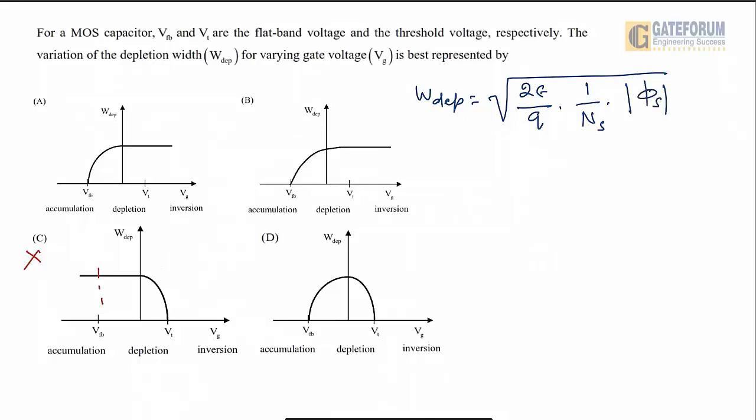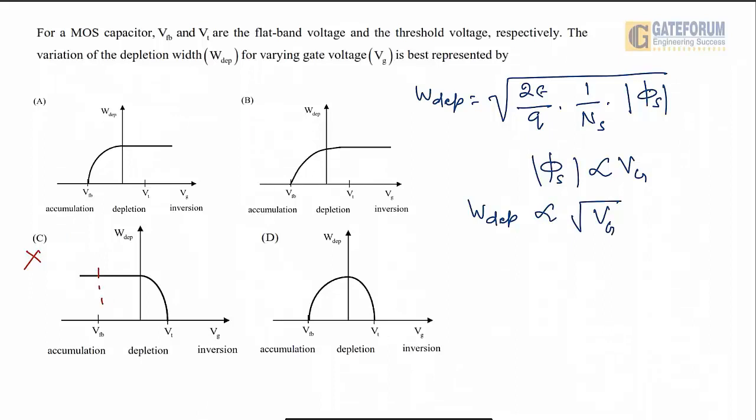So this surface potential is directly related to the gate voltage Vg. So it means we can say that W depletion is directly proportional to the square root of Vg.